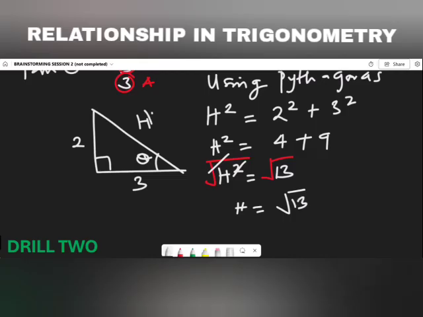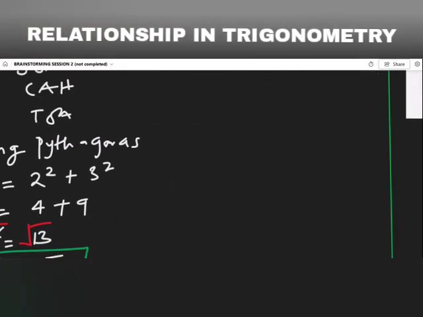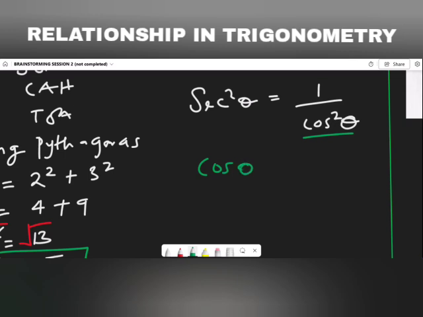Now that our hypotenuse is the square root of 13, it's very easy to get the value of my cos theta first. Because the question is to find sec square theta, and sec square theta is the inverse of cos square theta. So for me to get my cos square theta, let's see how we can get our cos theta. Our cos theta is adjacent over hypotenuse.